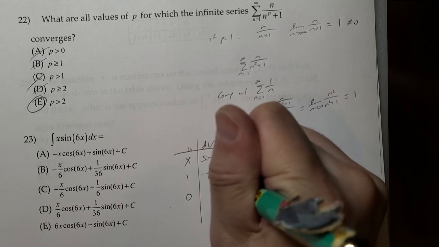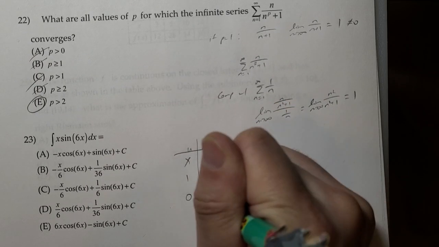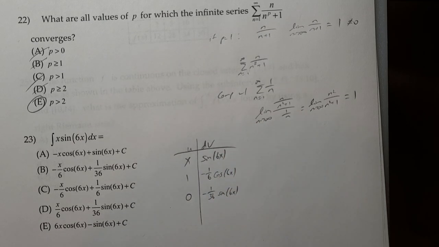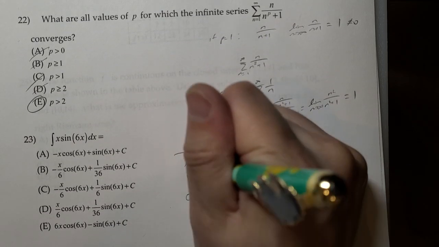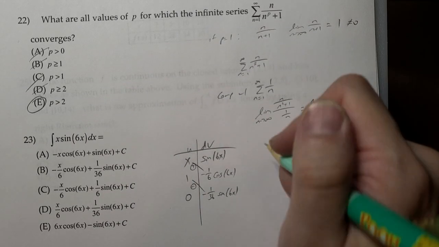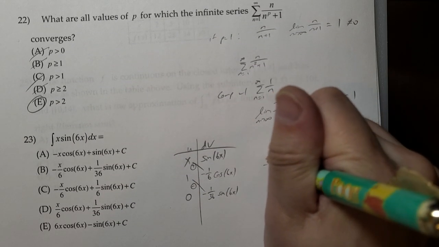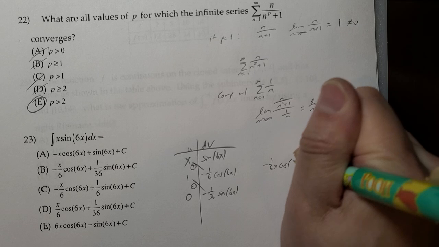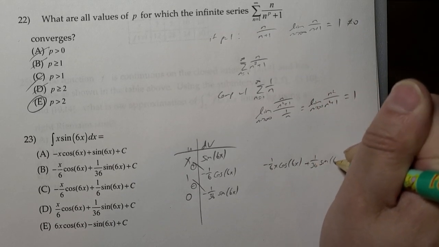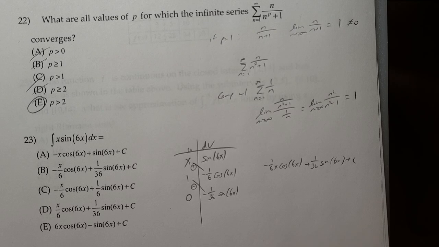So it'll be minus 1 over 6 cosine of 6x, and then becomes minus 1 over 36 sine of 6x. Okay, we go diagonally and we alternate sign starting from plus. Okay, so we multiply all these together. It would be minus 1 over 6 x cosine of 6x plus 1 over 36 sine of 6x plus c.